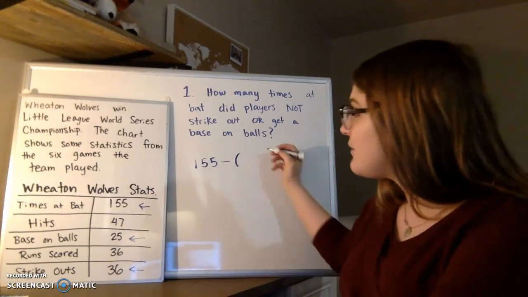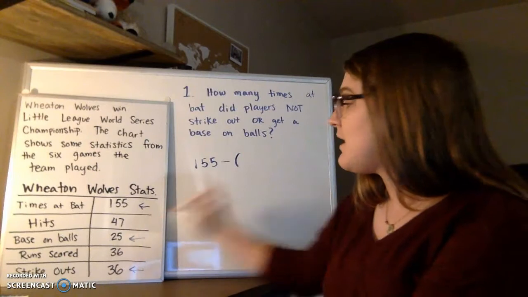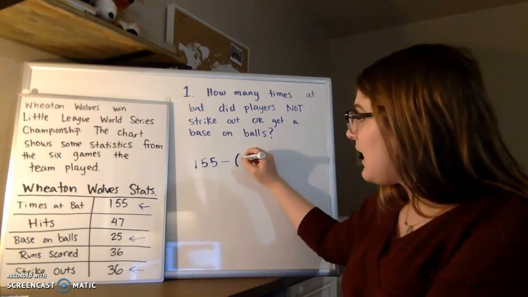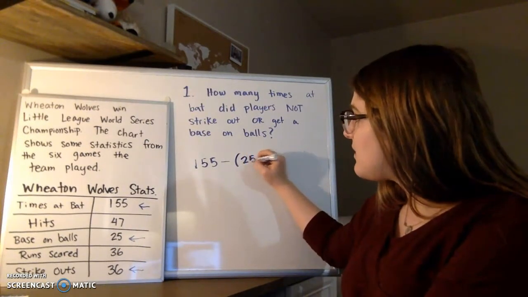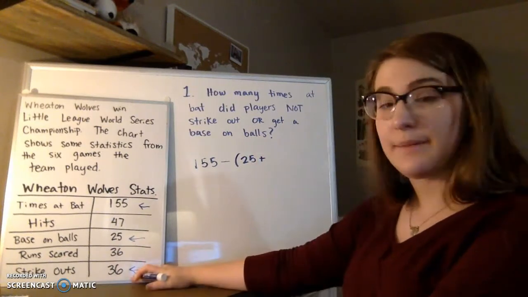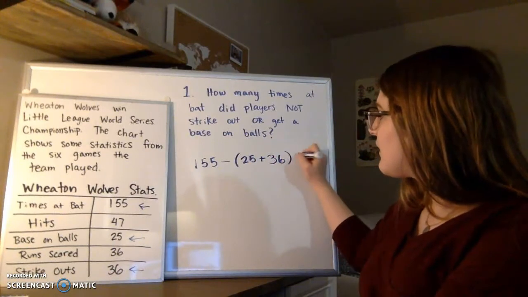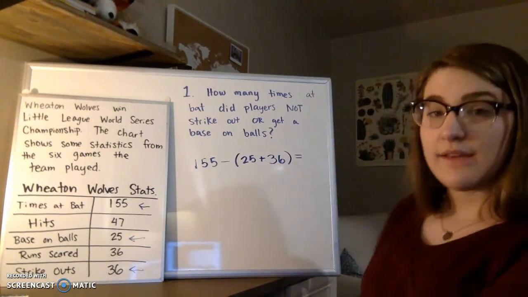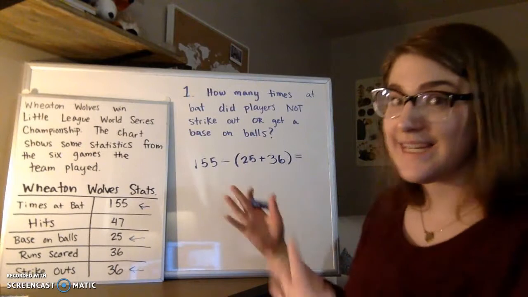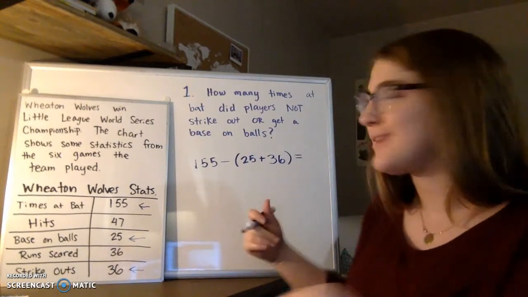So I'm going to do 155 minus how many times they got base on balls plus how many times they got strikeouts. And that will give us our total number of times that they did not get a strikeout or a base on balls.